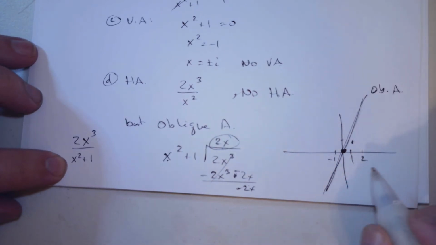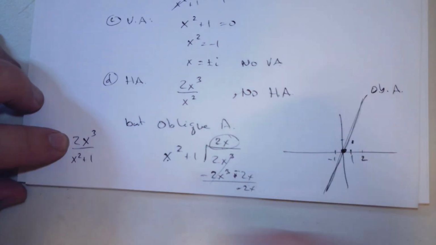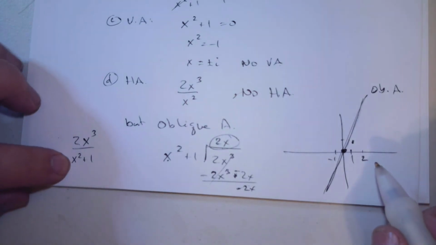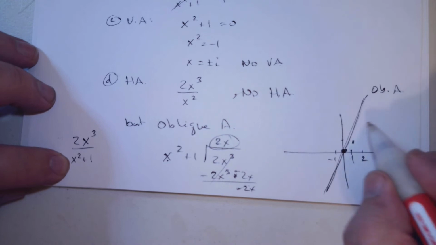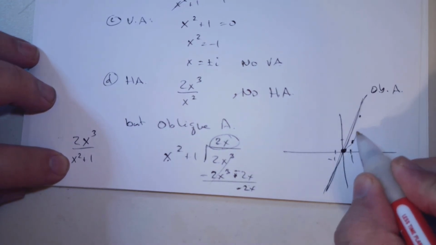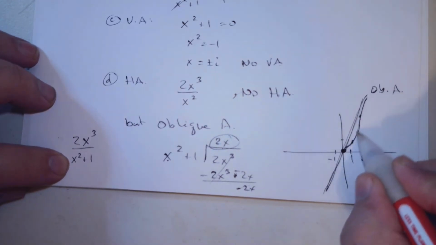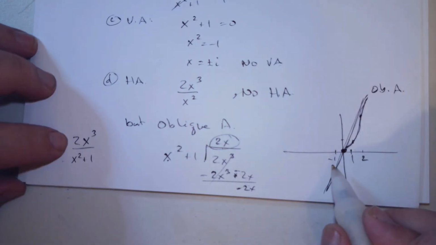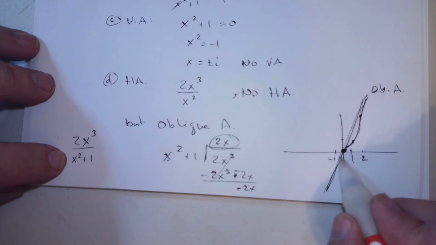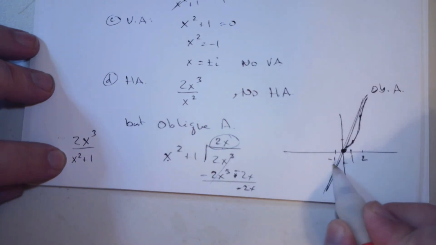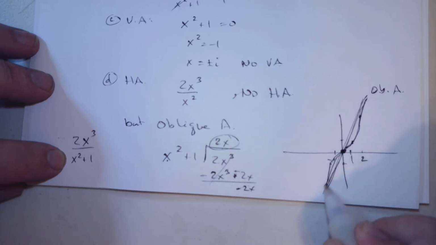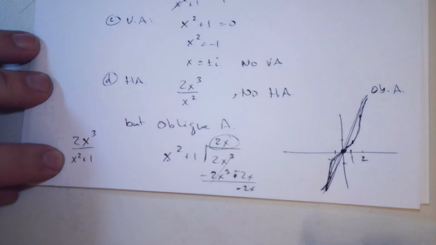When x is 2, it's 2 cubed, 8, times 2 is 16. 16 over 5 is about 3. So this side looks like this. At -1, it's -2 over 2. It's at -1. So it's going to be symmetric. So that's what it looks like.